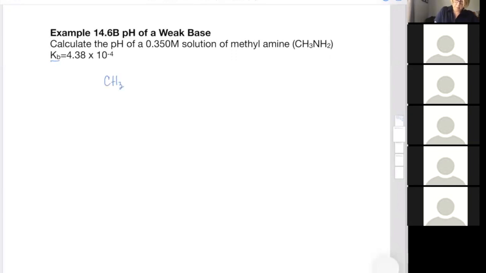So methylamine aqueous plus water gives us CH3NH3, that's where the hydrogens are going to add, and that will make it a positive.